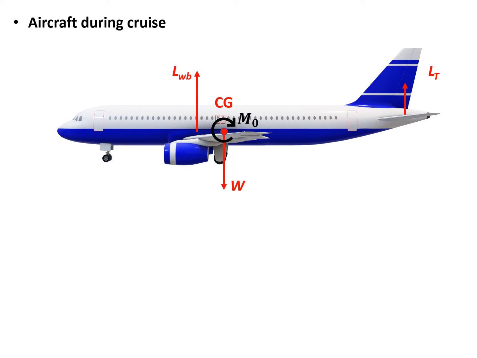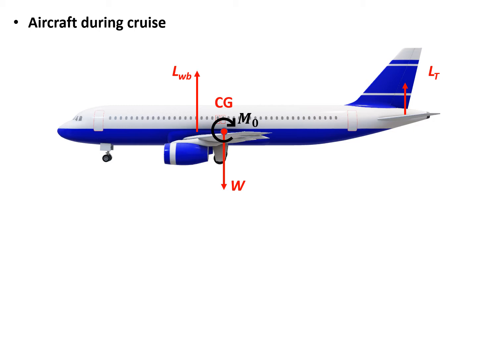We know there will be a lift force from the wing body combination, and also there is a weight W, and it's acting on the CG. And on the elevator, we have a lift LT. Apart from W, LWB and LT will contribute to the moment.